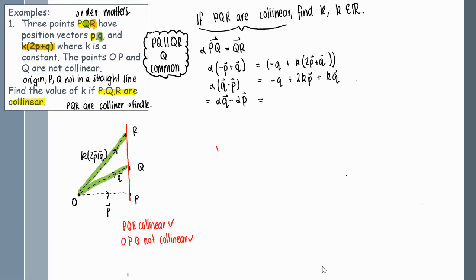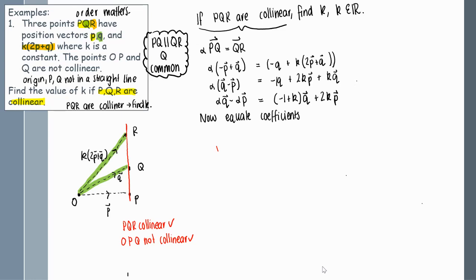I'm just going to group the q's together and the k's together. The q's will have minus 1 plus k in brackets times q, and then I'll still have the positive 2kp here as well. Now all you have to do is equate the coefficients.